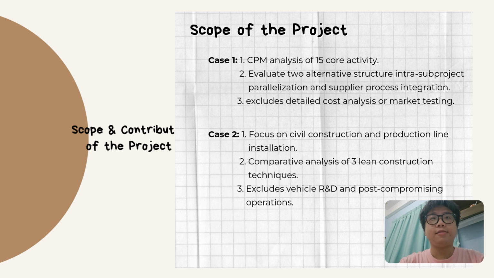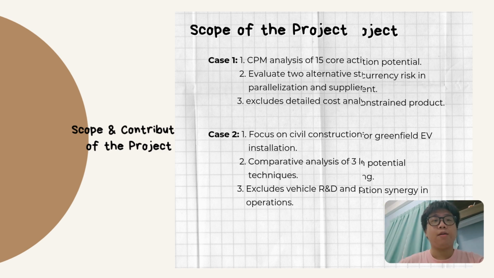The scope of the second case study focuses on civil construction and production line installation. Second, a comparative analysis of 3 lean construction techniques, and third, excluding vehicle R&D and post-completion operation.